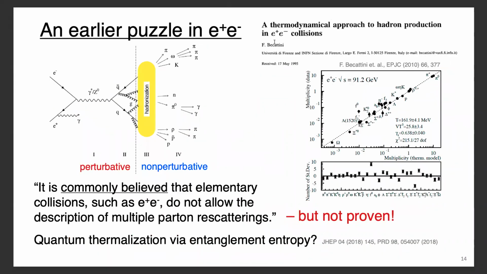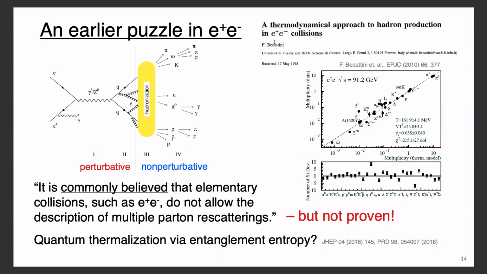Now, I want to mention there's an earlier puzzle in E plus minus collisions. In very early days, people found that if you look at just the particle production, hadron production in E plus minus, it can be described by a thermal model, the thermodynamic model. So it appears like the particle emission in E plus minus collisions comes from some kind of thermal source with a common temperature. That's not expected, right?